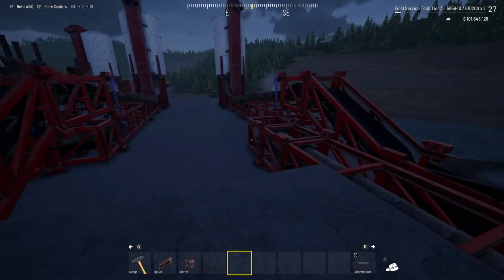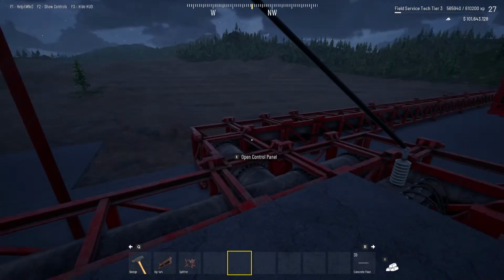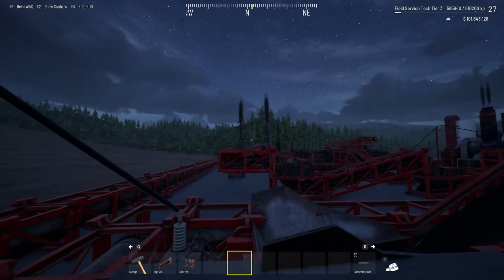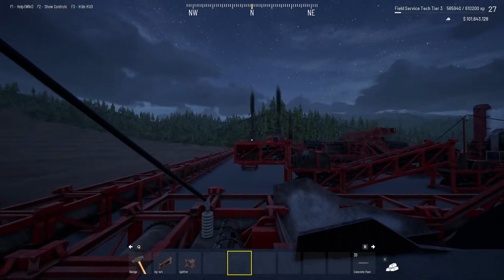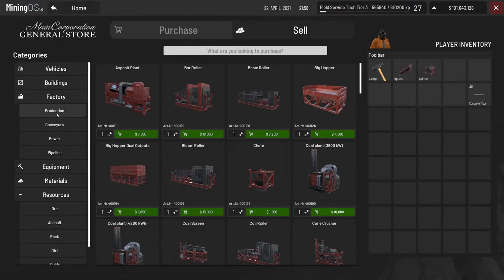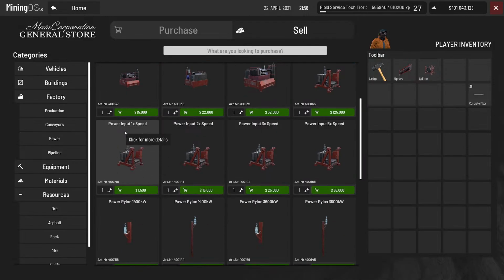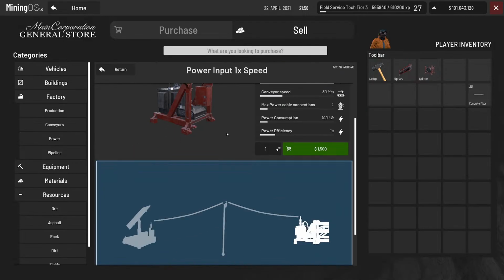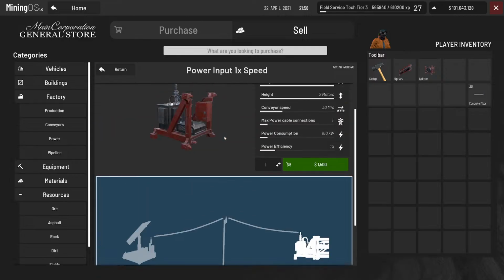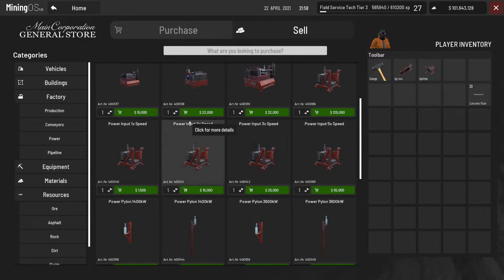Now, another thing that I can obviously test as well is whether adding machine power, factory power, adding input speeds, how does this also impact the processing?